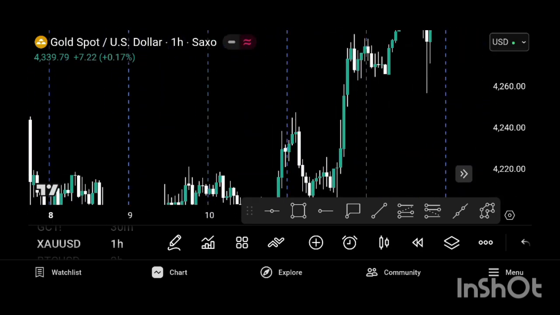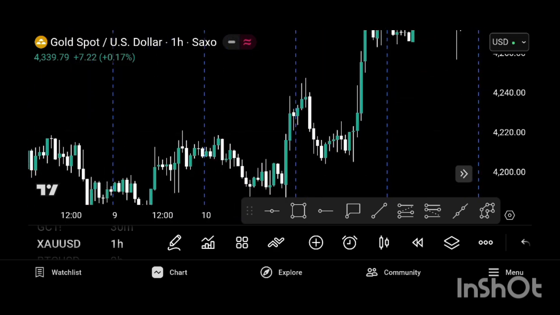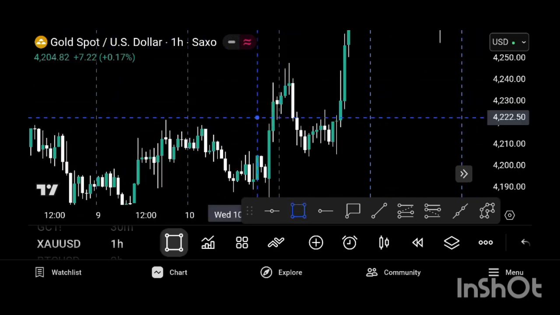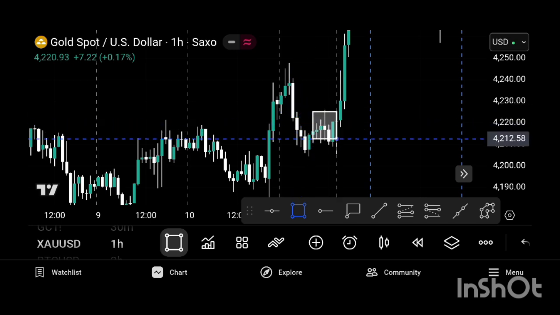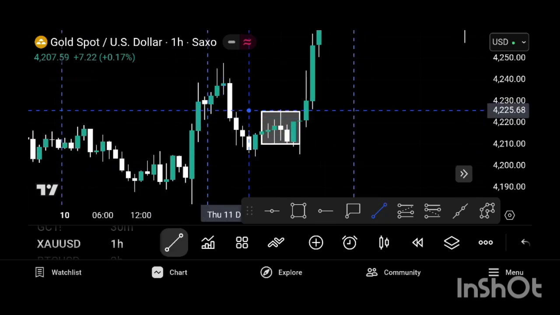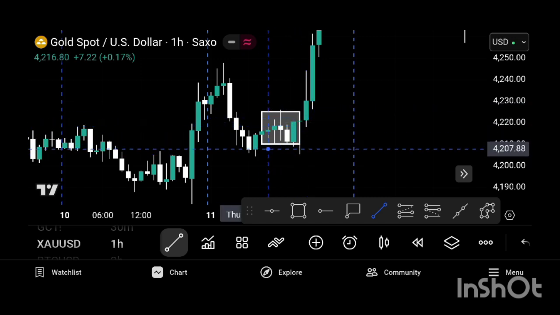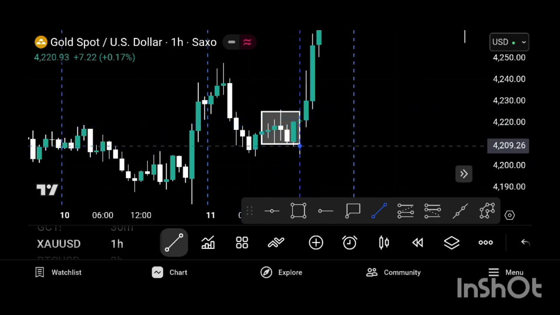Okay, so you can see an example of equal highs and equal lows liquidity here in this place in the market. Okay, so the market was making equal highs and equal lows, equal highs and equal lows, equal highs, equal lows, and suddenly price what? Dipped down, took out all these lows, and then it started buying.